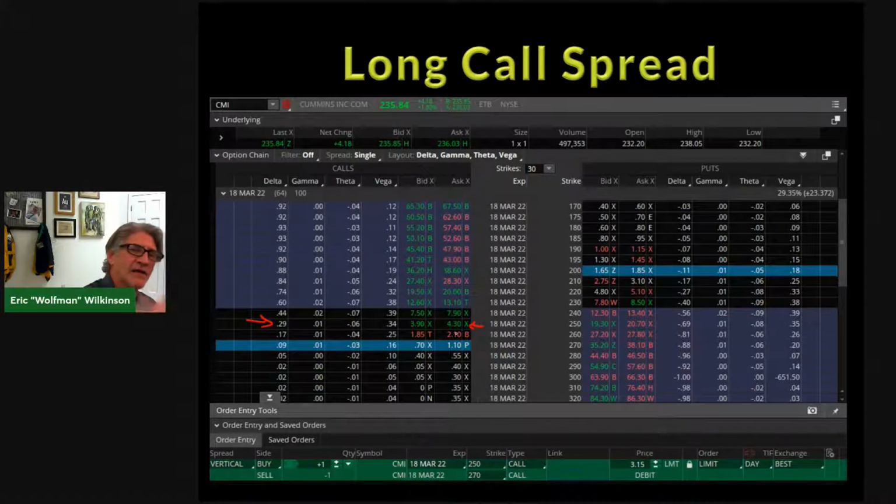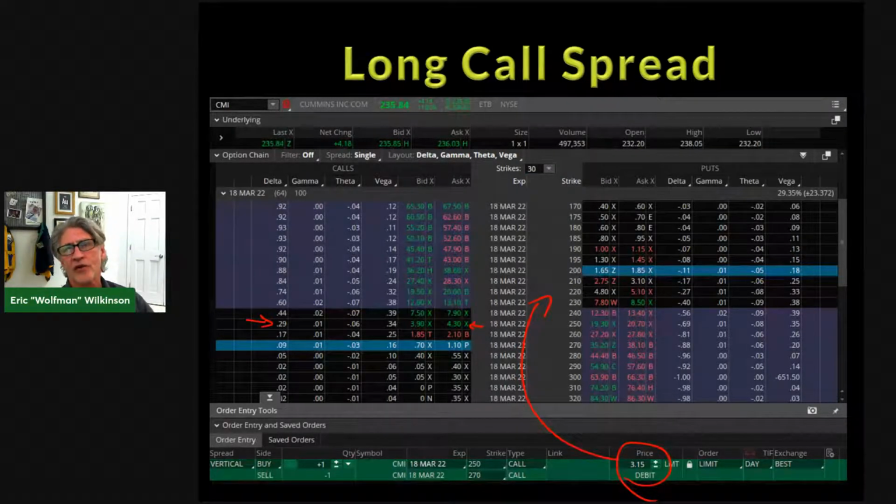And $30 wide was not working. So I come up with my spread. I can see I have to pay a debit for that. So this debit, I want to try and get paid for by selling another bullish spread, which is the short put spread, right? You collect the credit for that.